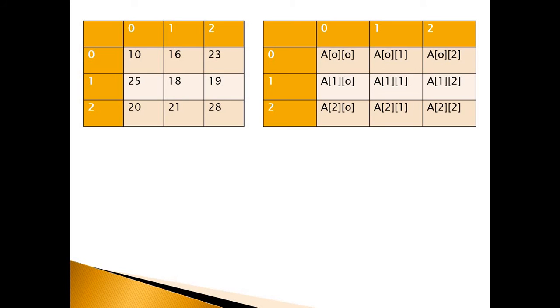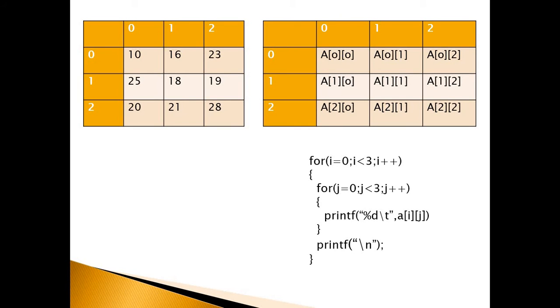Now let us look at the code which is required to fetch the values from the two-dimensional array and print them in the proper format, that is in matrix format or in the form of rows and columns. Here a for loop is taken with the loop control variable i. So i keeps track of the rows.